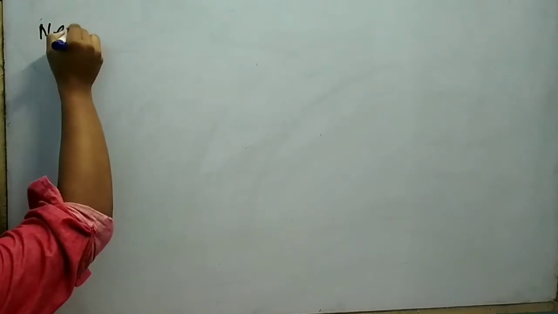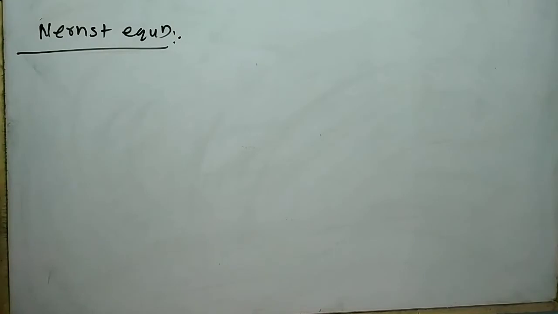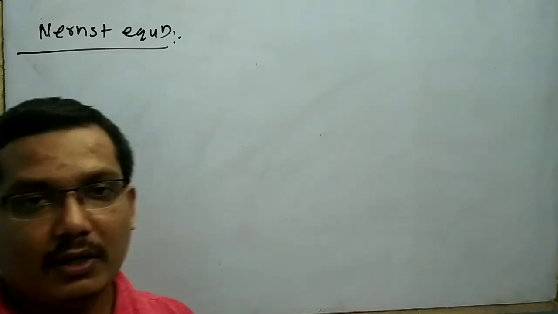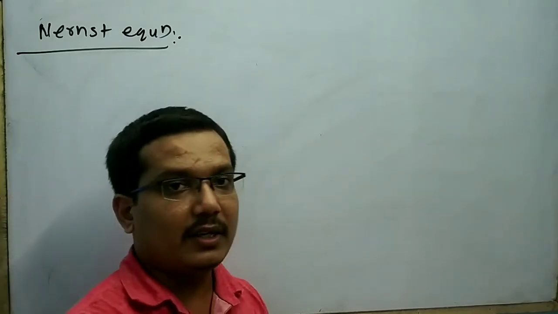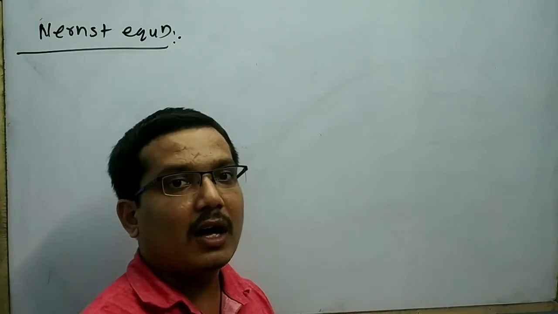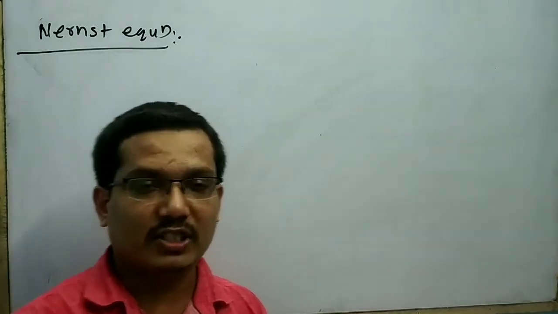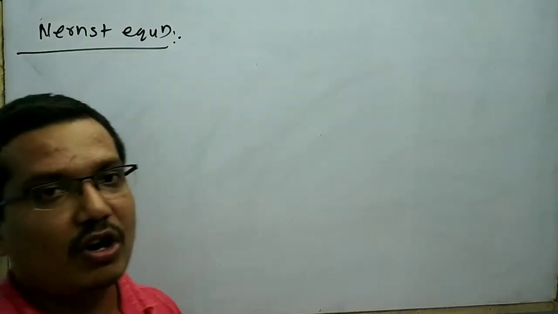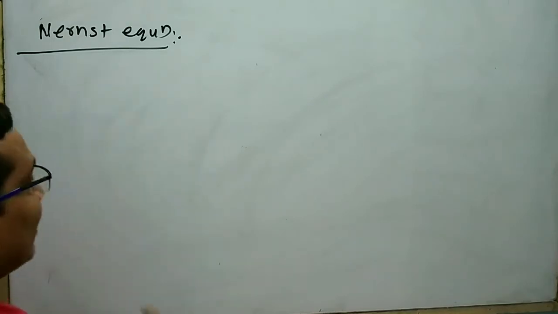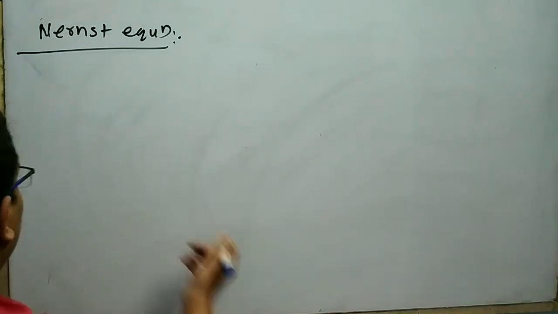Next I will explain the Nernst equation. The Nernst equation gives the quantitative relation of electrode potential with concentration and temperature. Suppose I take a general reduction reaction which occurs at the cathode.